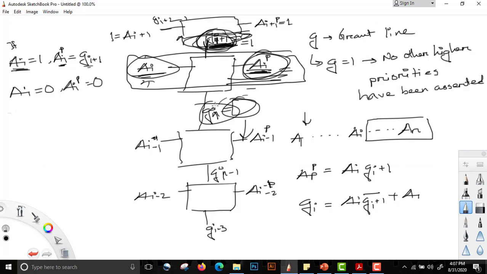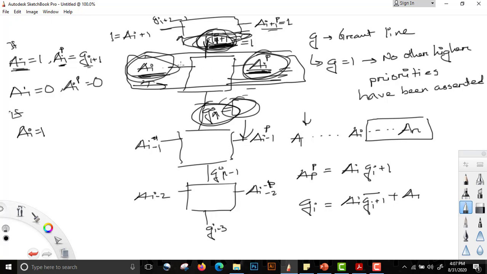Now there is another output under consideration, that is GN. So we have to determine what GN is. Now if AI is equal to 1, one thing to be noted is that AI once means this logic level, that is ith level, has exerted that it wants to make the output 1, irrespective of whether the output has already been exerted by a higher priority or not.